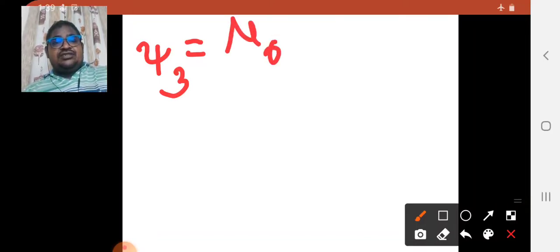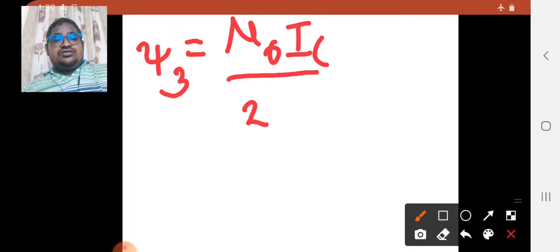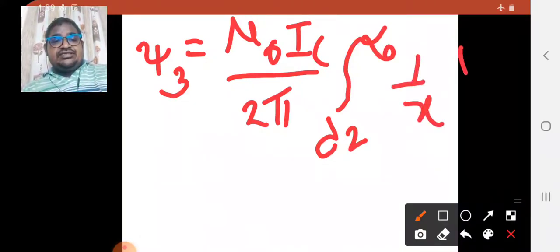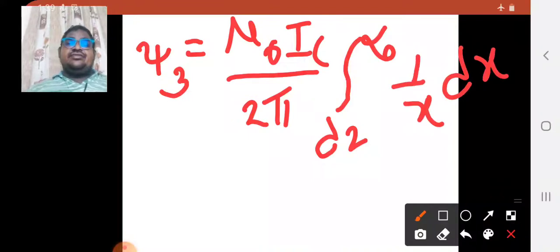Mu naught IC by 2 pi integral. What is the distance between A and C? D2. D2 to infinity 1 by x dx. And similarly, you can also write psi 4, psi 5, psi 6 like this.